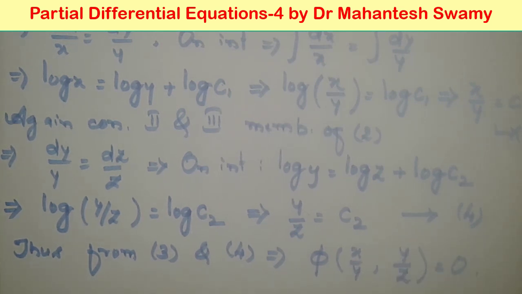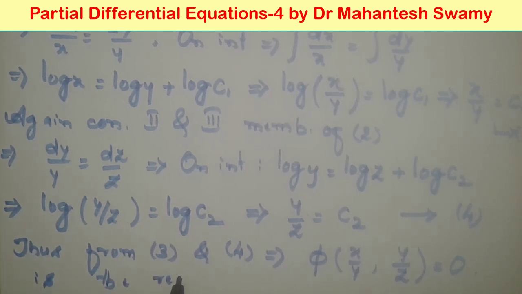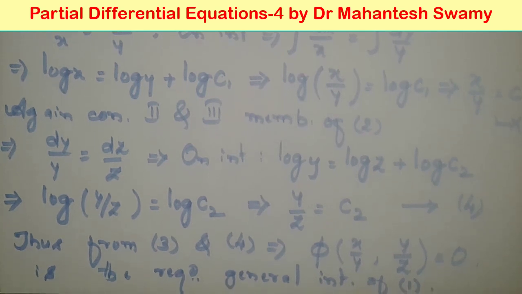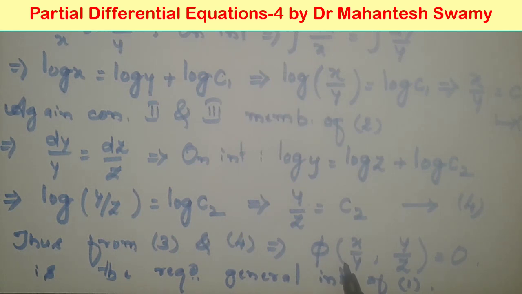We can call it the required general integral or general solution of the given PDE 1. So the given Lagrange linear PDE we have solved and obtained this expression as the general integral of the given PDE, and here phi is an arbitrary function. So this completes the solution of the first problem.